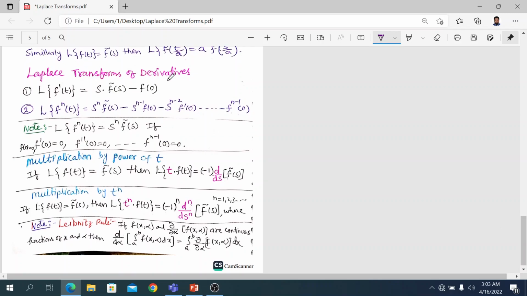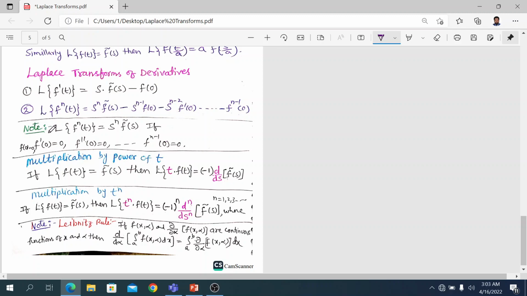Laplace transform of derivatives. So Laplace of first derivative, Laplace of f dash of t is equal to s into f bar of s minus f of 0. Next, Laplace of f n of t is equal to s power of n f bar of s minus s power of n minus 1 f of 0 minus s power of n minus 2 f dash of 0 and so on up to f power of n minus 1 of 0.